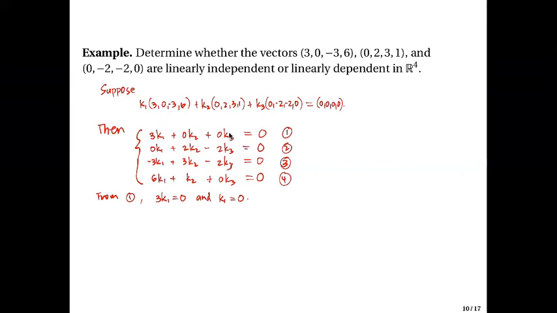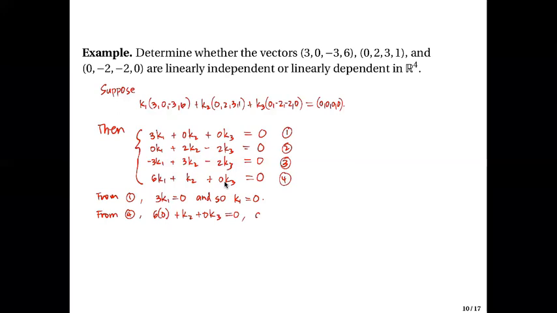Then, next, from equation 4, since K1 is equal to 0 already, we have 6 times 0 plus K2 plus 0K3 equals 0.